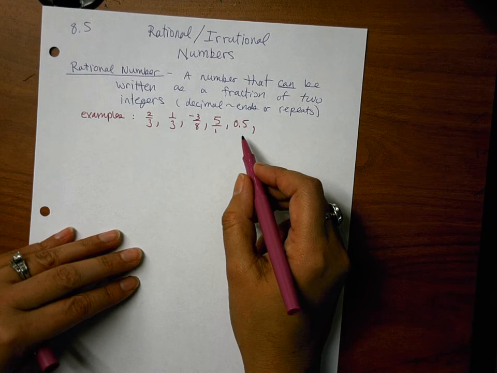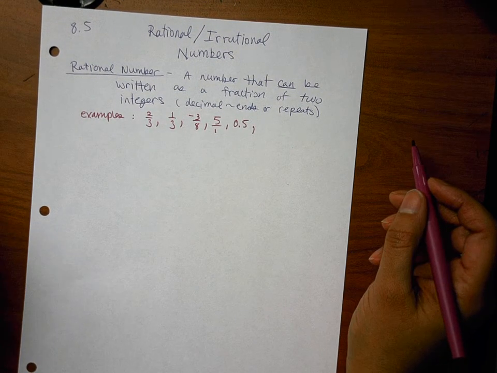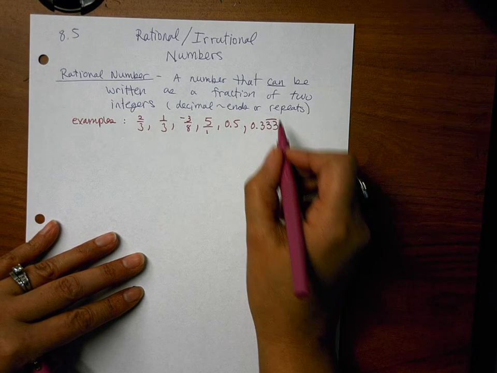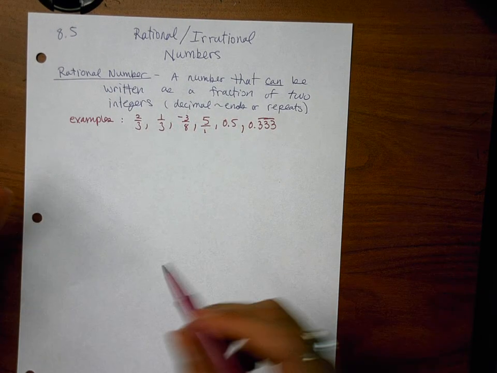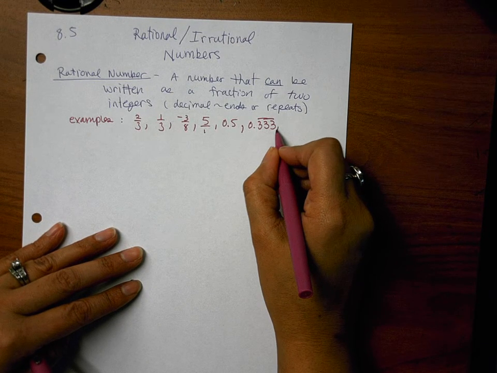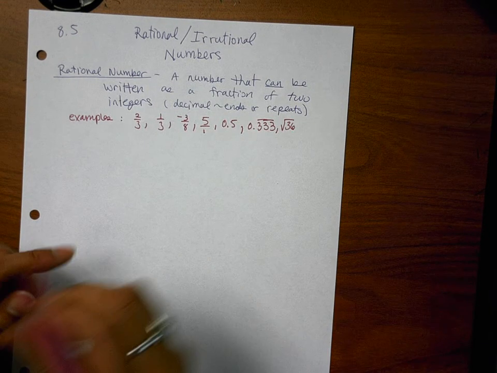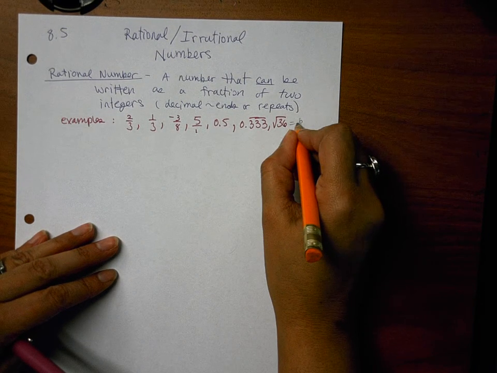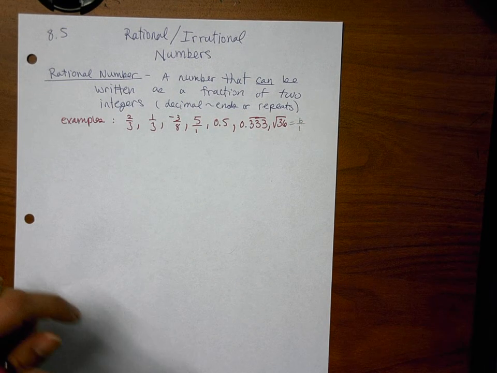Like if it was 0.333333, that would be fine as well. Let's write that down. If it was something like that, repeating, that would be okay as well because it goes on forever, but there's a repeat. Okay. Even square root of 36 would work because square root of 36 is equivalent to 6, which is 6/1, so it's good.